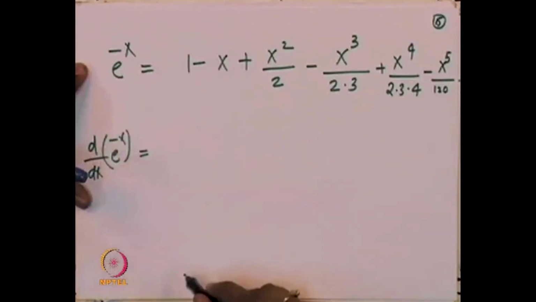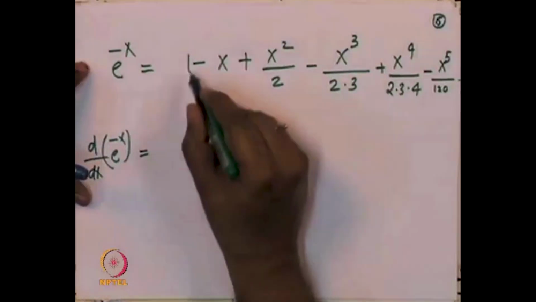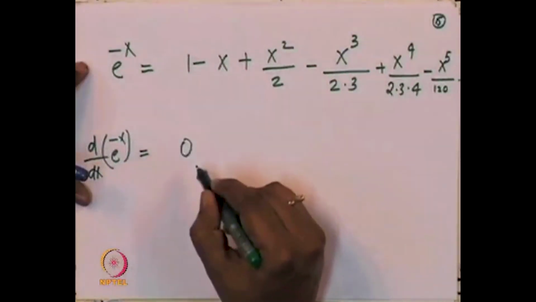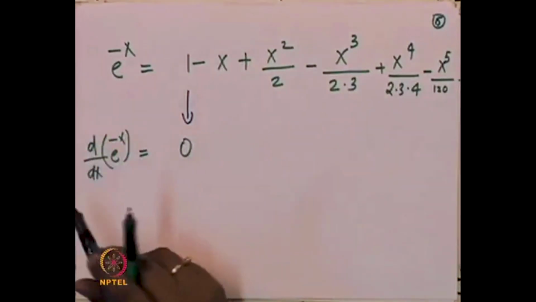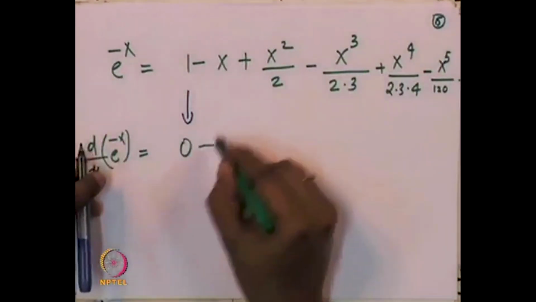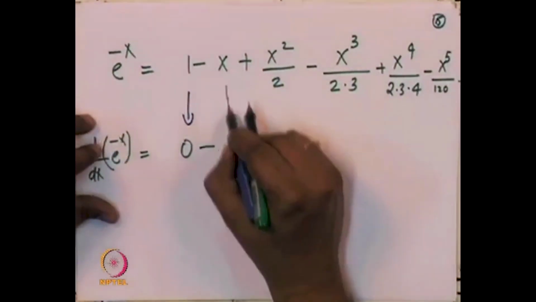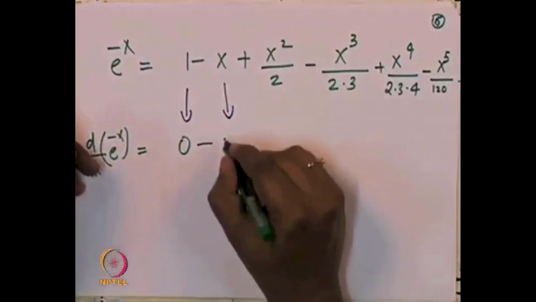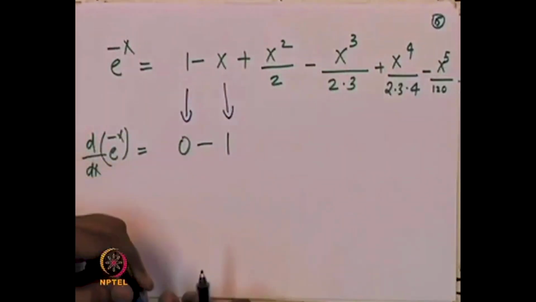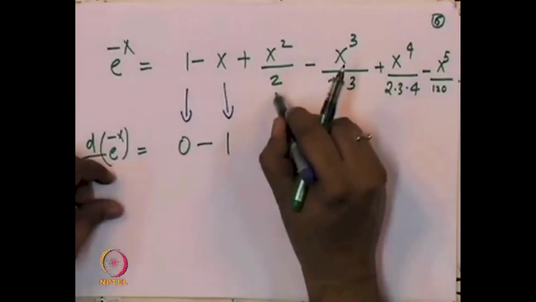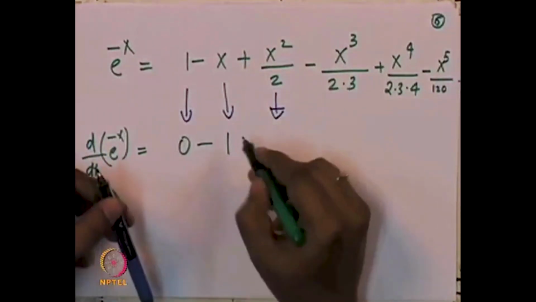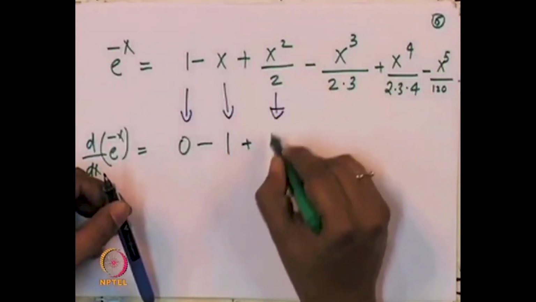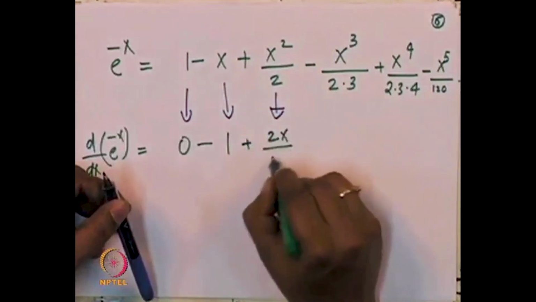So you can find the derivative of each of these terms. The derivative of 1 is 0. Then you have minus the derivative of x, which is 1. The derivative of x square is 2x, so you have plus 2x divided by 2.